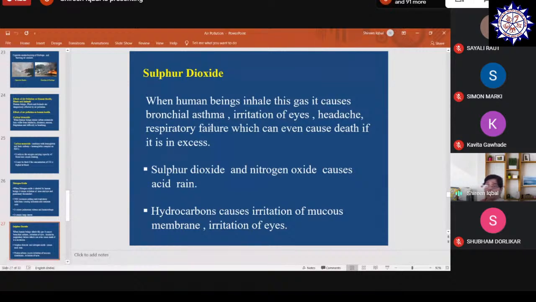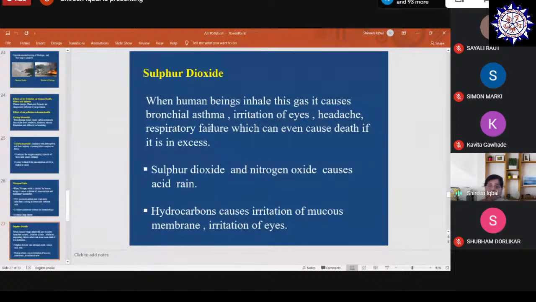Irritation is also there in eyes. It also causes headache, and when it is severe, even death can occur because it completely chokes the respiratory tract, and the person is not able to breathe properly, and due to suffocation, death may occur.